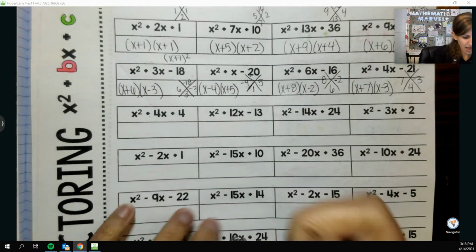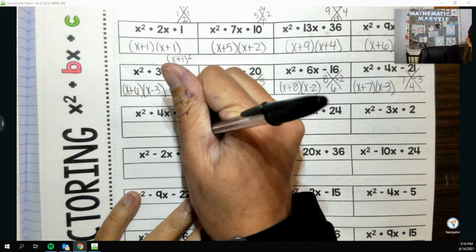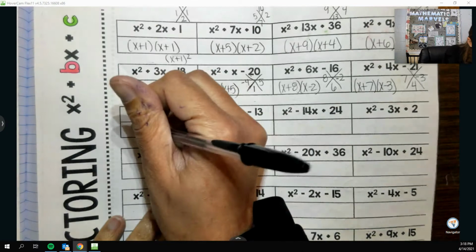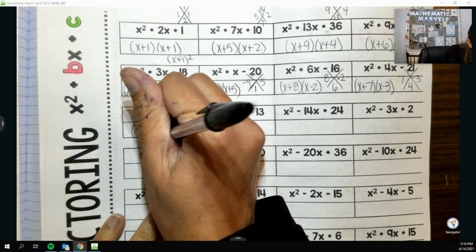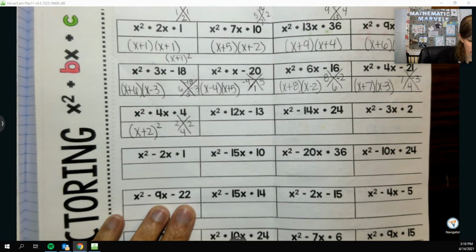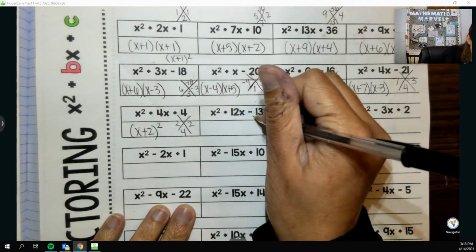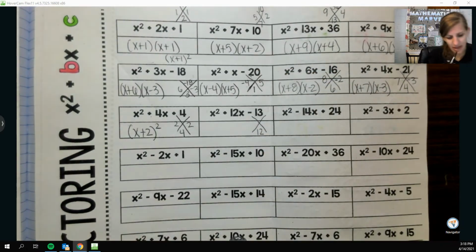Alrighty, moving right along. When I multiply to 4 and add to 4, that's 2 and 2. Oh, and since they're the same, I could put x plus 2 squared. So that's fine. Or x plus 2, x plus 2. Multiplies to negative 13 and adds to 12.